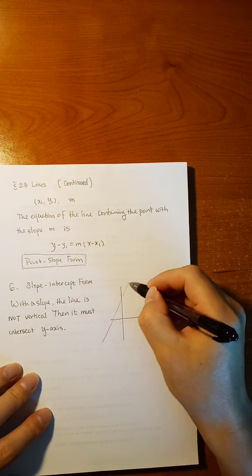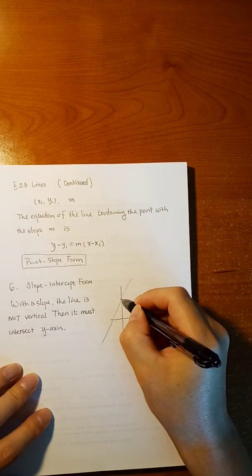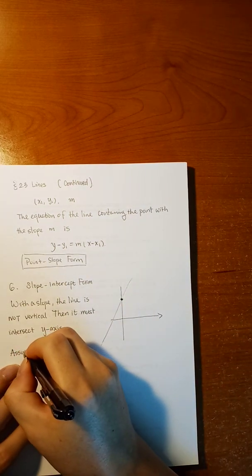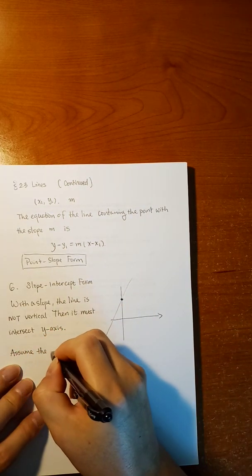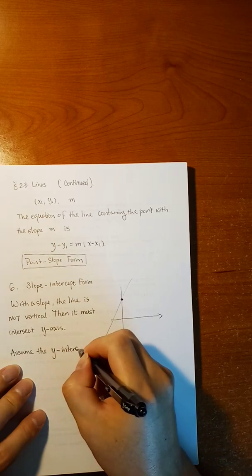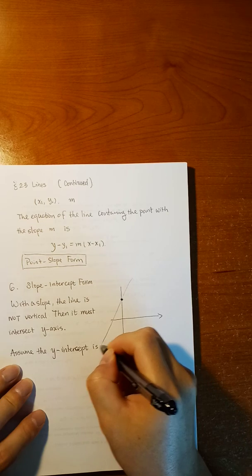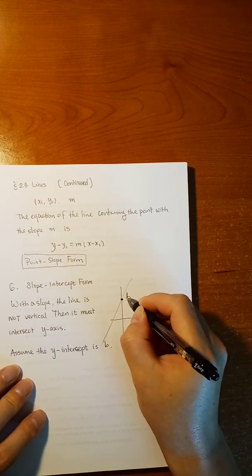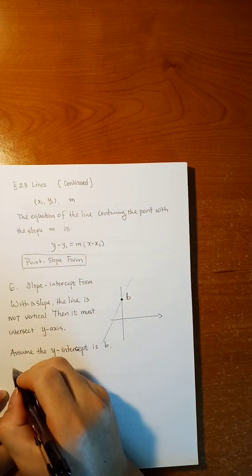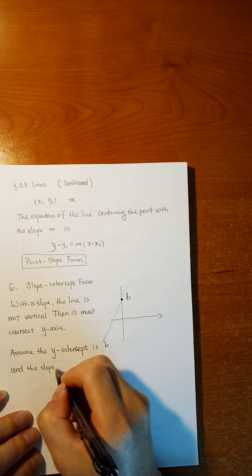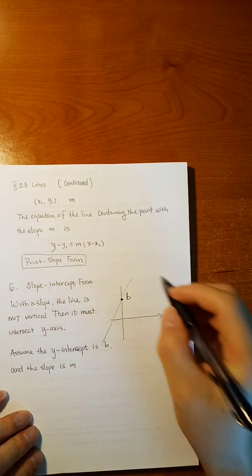So you may have something like this. Assume the y-intercept is b. Assume we know this y-intercept. The y-intercept is b and the slope is m.